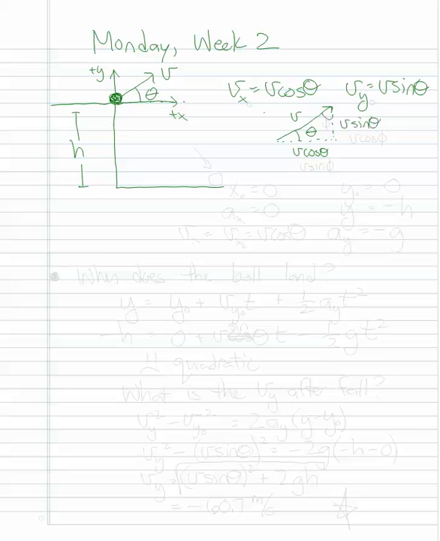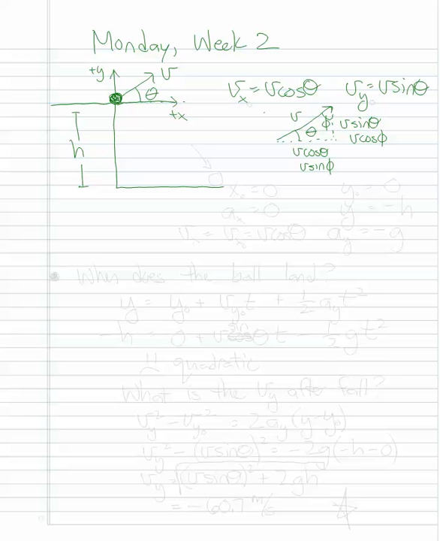If I picked this to be the angle, then it would have been different. If this is phi, this would have been v cosine phi and v sine phi. But we'll stick with the cosine, because that's how it was given.